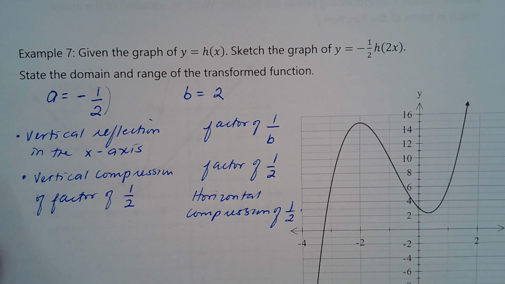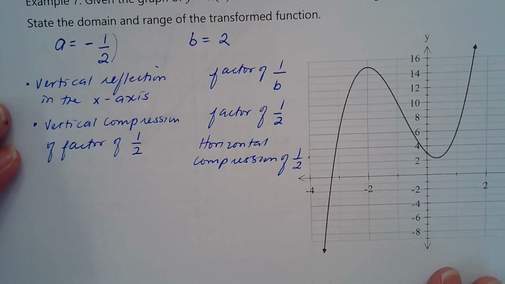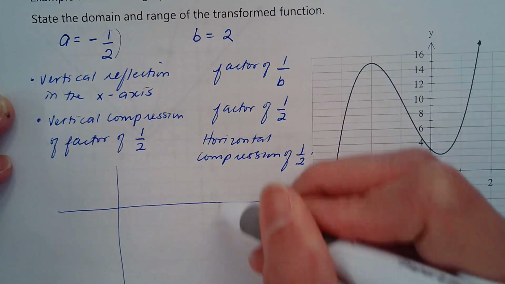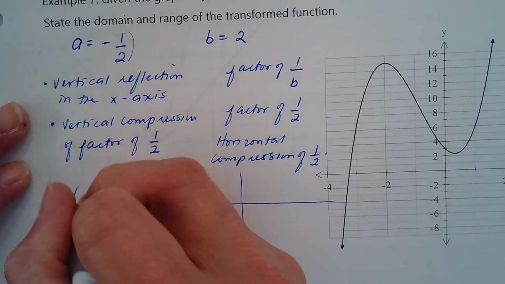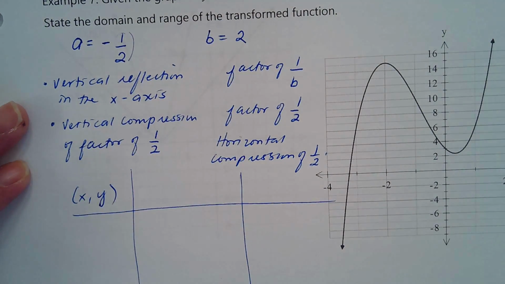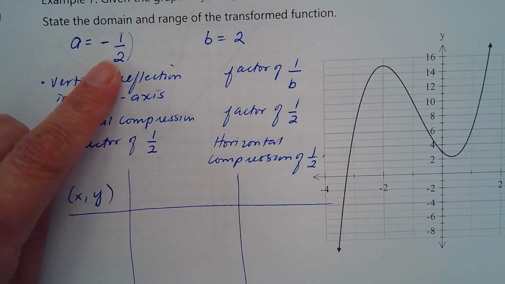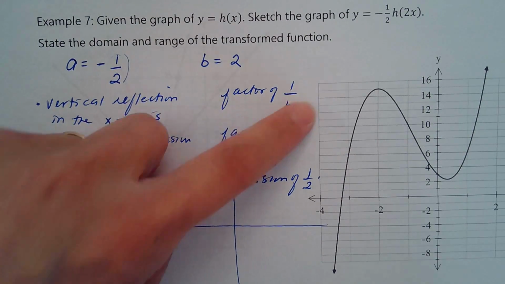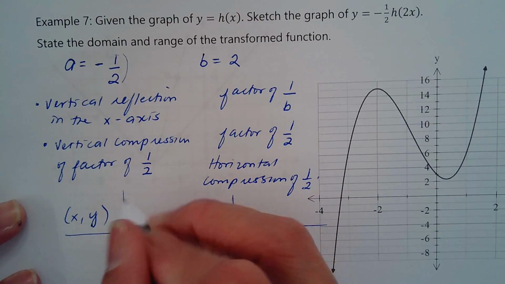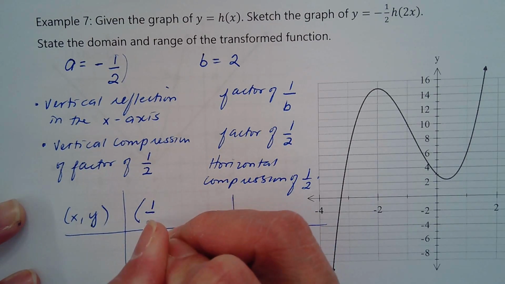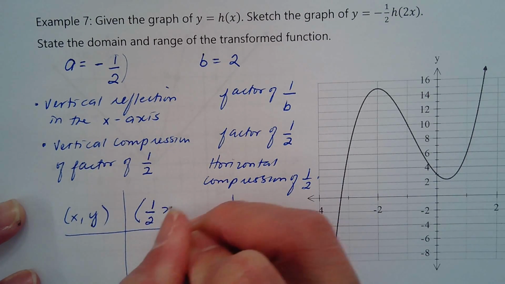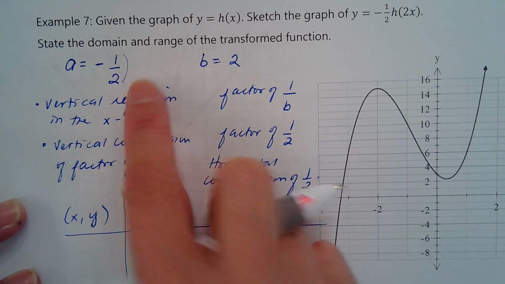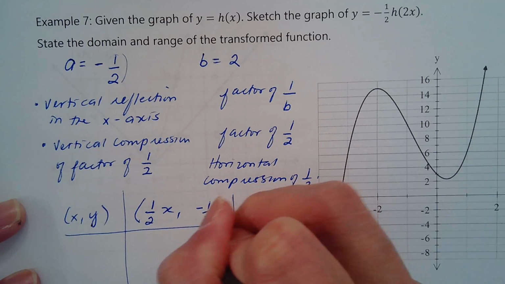Good? So let's put it together. x, y becomes the x multiplied by the factor of 1/2, so 1/2 x, and then the y would be multiplied by negative 1/2.